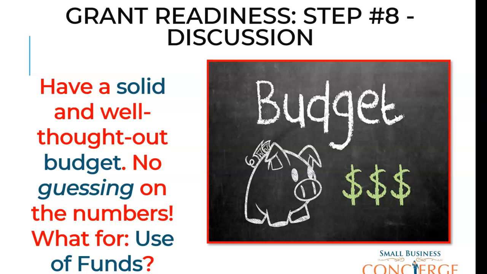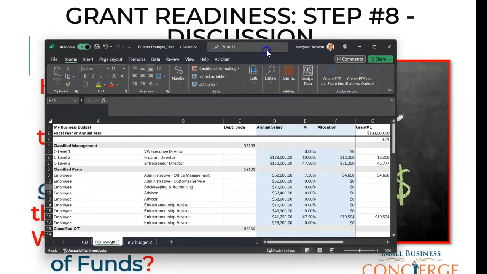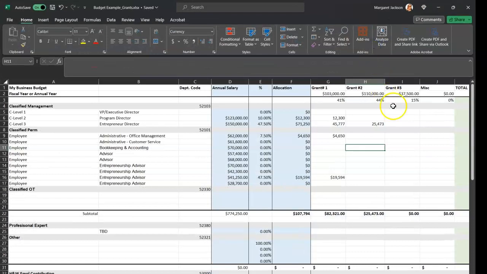So I am going to show you my business budget that I put together for you, from a real budget, to give you an idea of what a budget would look like, especially if you're going after multiple grants. You're going to want to have columns that show which grants. In this case, I put grant 1, grant 2, grant 3.